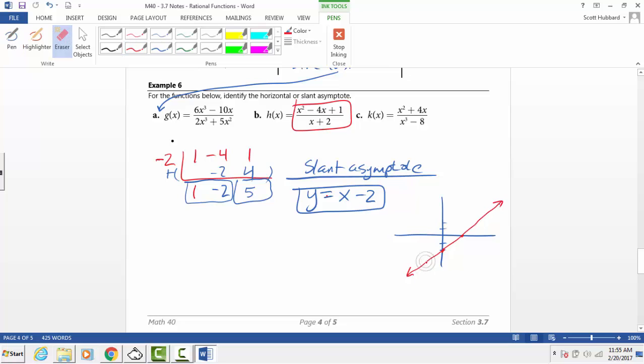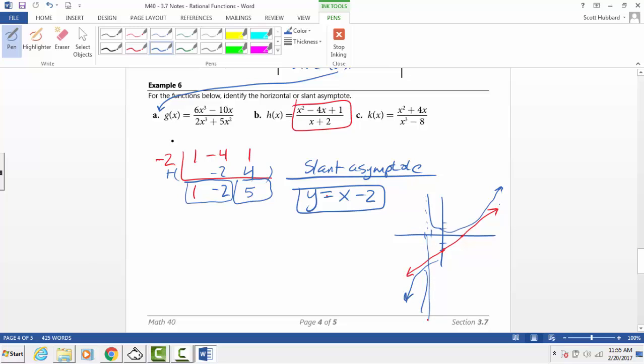Try to make it dashed. Oh, we can't do that. Well, try again. And what that means is that the graph has this asymptote where it's not going to be able to reach it. And it looks like that going down here. Okay. And it has this vertical asymptote right here, like that.